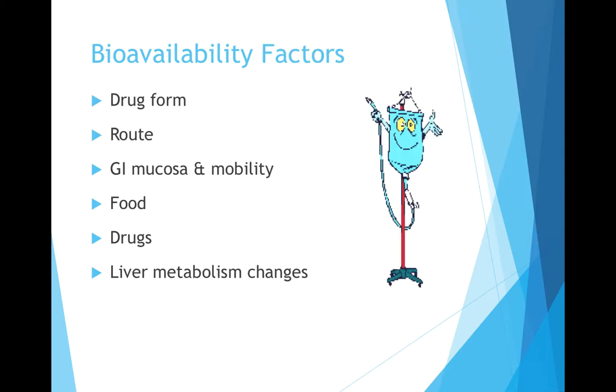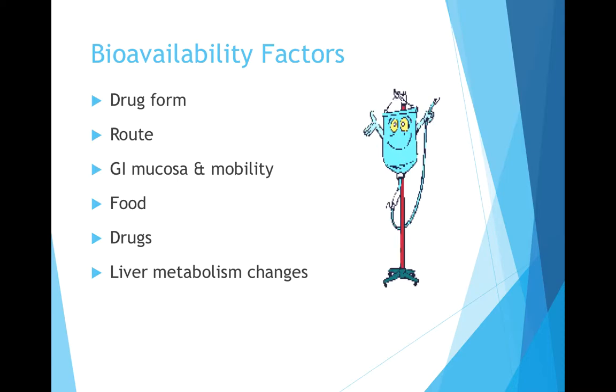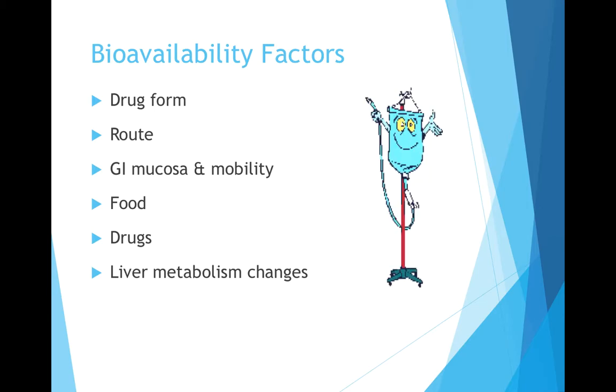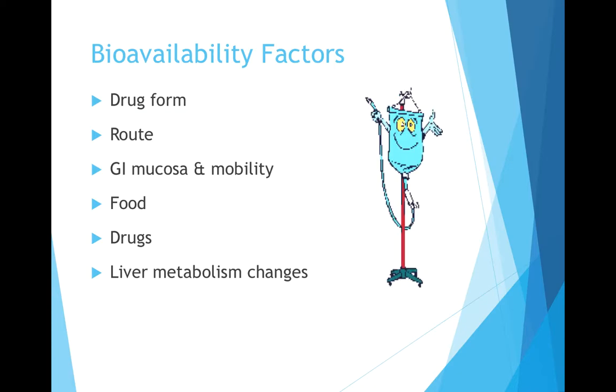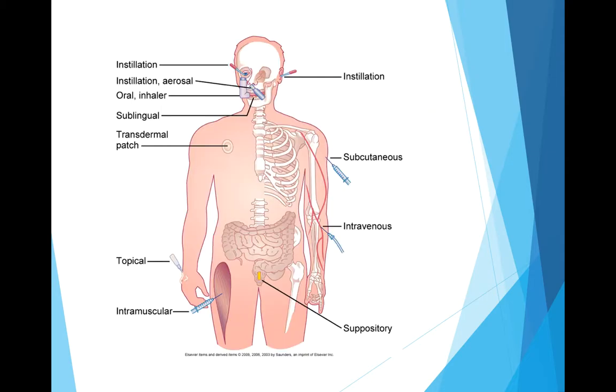And bioavailability factors also play a role here, so we have to consider things including the drug form itself, the route that we're giving it, the integrity of the GI mucosa and the motility, our peristaltic activity, the presence or absence of food, other drugs that are taken with it, and also if something is compromising the metabolism in the liver.